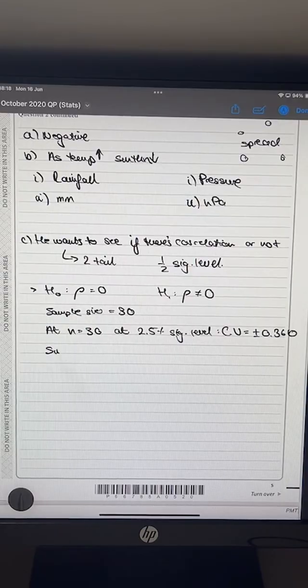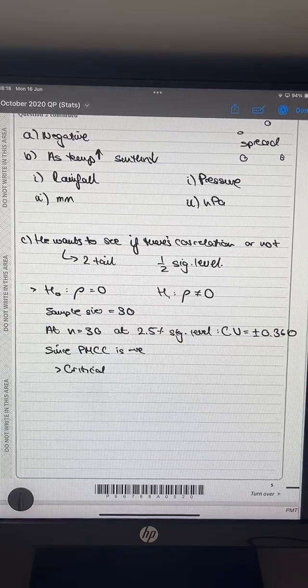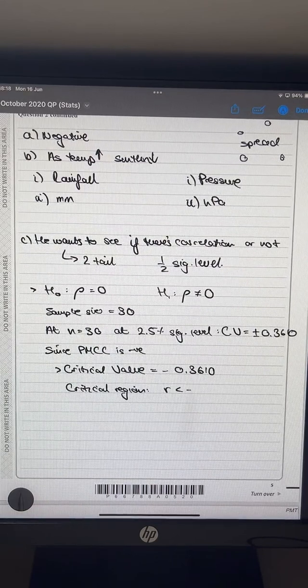Since the product moment correlation coefficient is negative, we'll take the critical value as negative 0.3610. So now we just pick that. All right. So then our critical region is r is less than negative 0.3610 because it's negative, right?